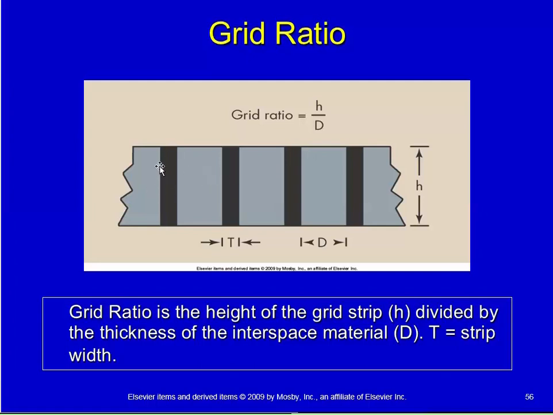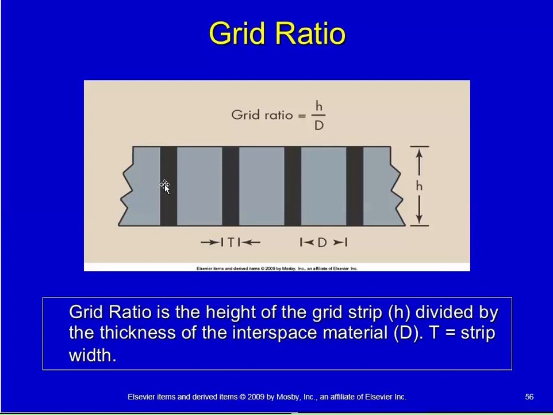And what I mean by that is, let's say we take this grid. We got a set grid ratio, and let's call this grid ratio 10 to 1. That's just a number I'm throwing out there. Don't try to calculate that based on this graphic, but let's say this is a 10 to 1. So the height divided by the distance in between gives us a grid ratio of 10 to 1.